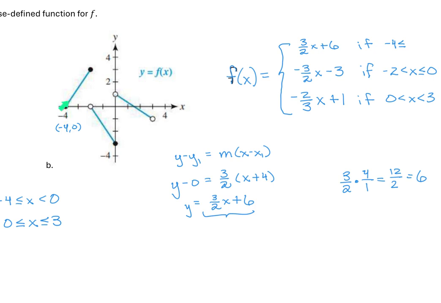It is a solid circle, so we're going to use an or equal to statement. And then we are going to the right up to negative 2. And this one also has a closed circle, and so it is also going to be an or equal to statement.